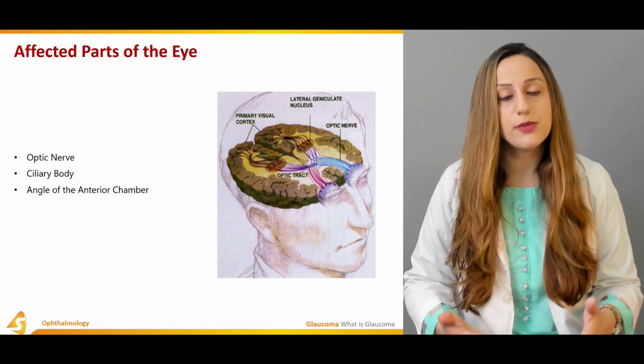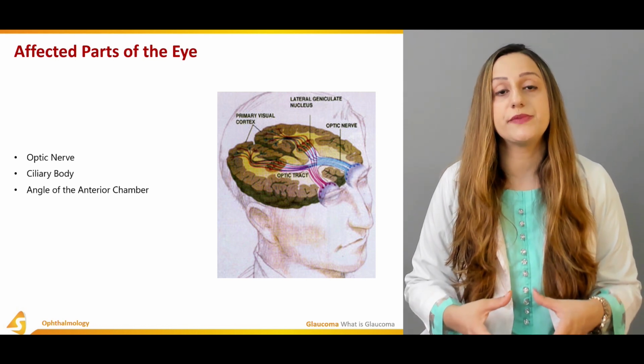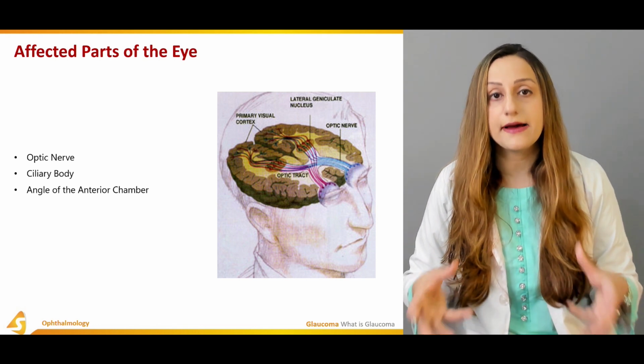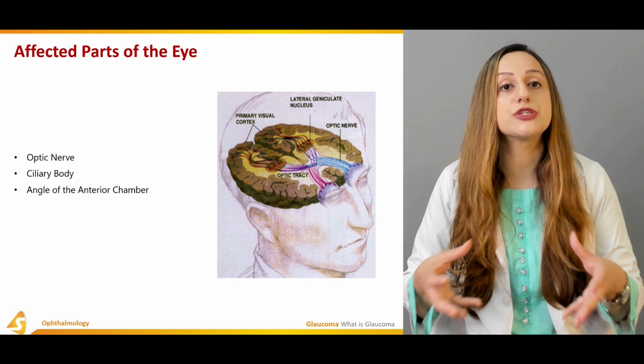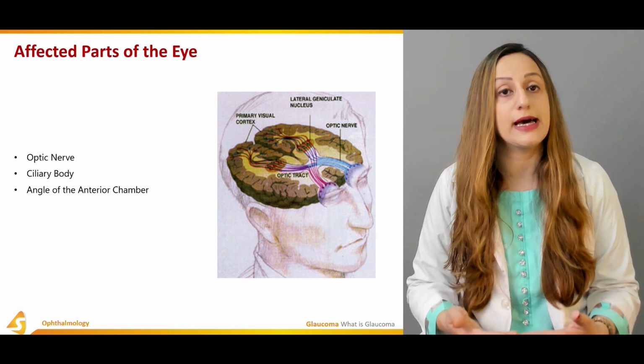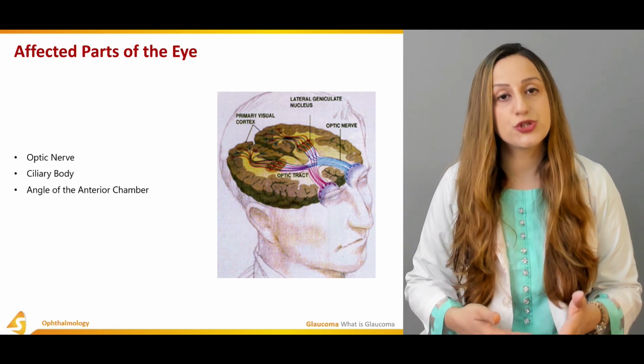May it be the ciliary bodies, may it be the angle of the anterior chambers, the canals of Schlemm are present in these angles of the anterior chamber that are basically responsible for the vitreous humor and the aqueous humor that is circulating in the anterior and in the vitreous chamber.